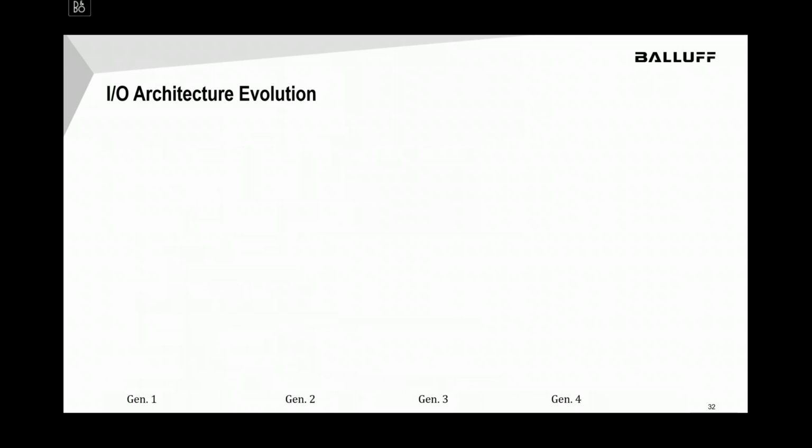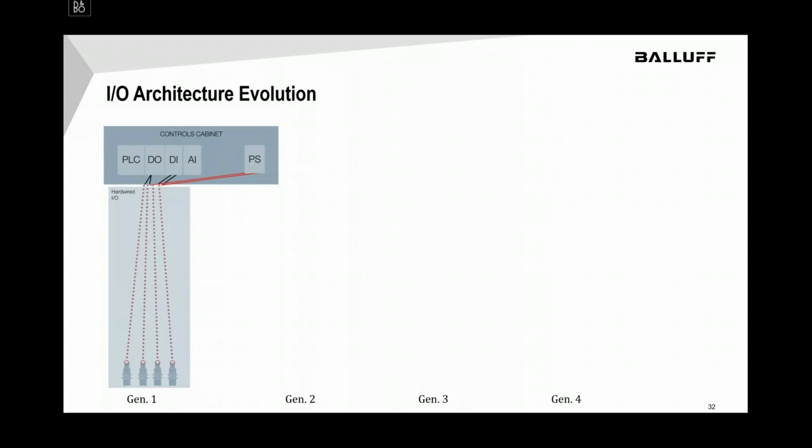If we look at this I/O architecture, we can see how we can simplify this design. This is generation 1, where you are routing cables all the way back from the sensors to the control panel. Wiring them up takes a lot of time, and there is no diagnostics information available.